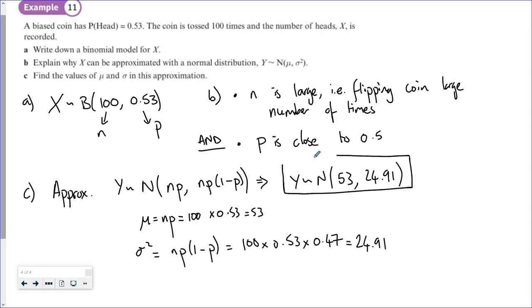Now we should probably say what the value of sigma is. Remember, this is the variance, and we were asked for sigma. So sigma is the square root of the variance, so the square root of 24.91, which we can work out as 4.99 to 3 significant figures.